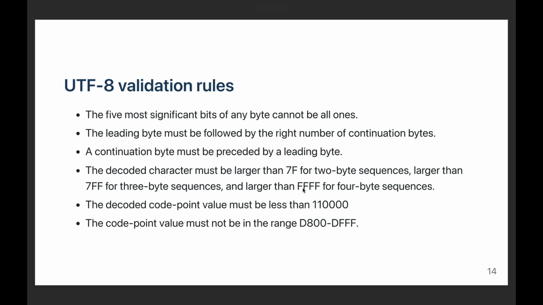Though UTF-8 does not have surrogate pairs, the UTF-16 format only works if these values are omitted. So UTF-8 must also omit them. Then we have to make sure that we always store a given code point value using as few bytes as possible. This ensures that a given character matches a unique byte sequence. Doing otherwise would be a security risk. And of course, it would use slightly more storage.